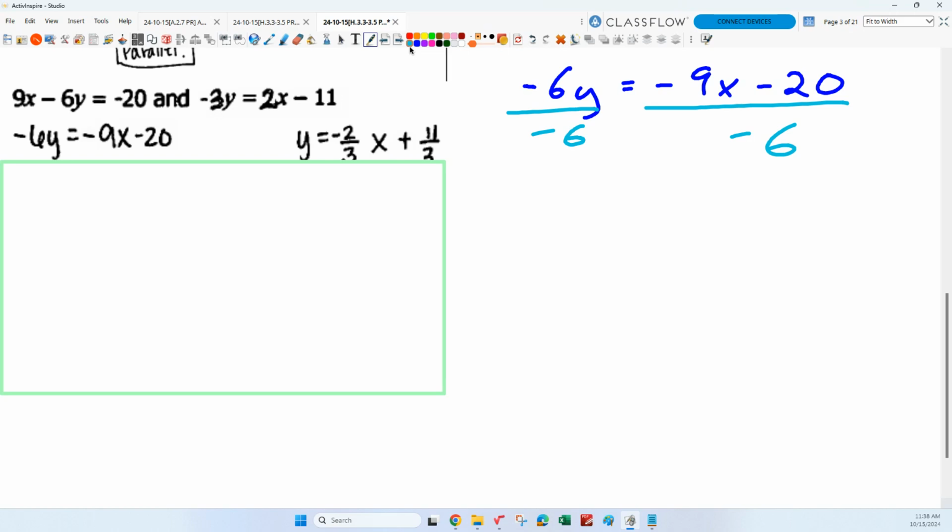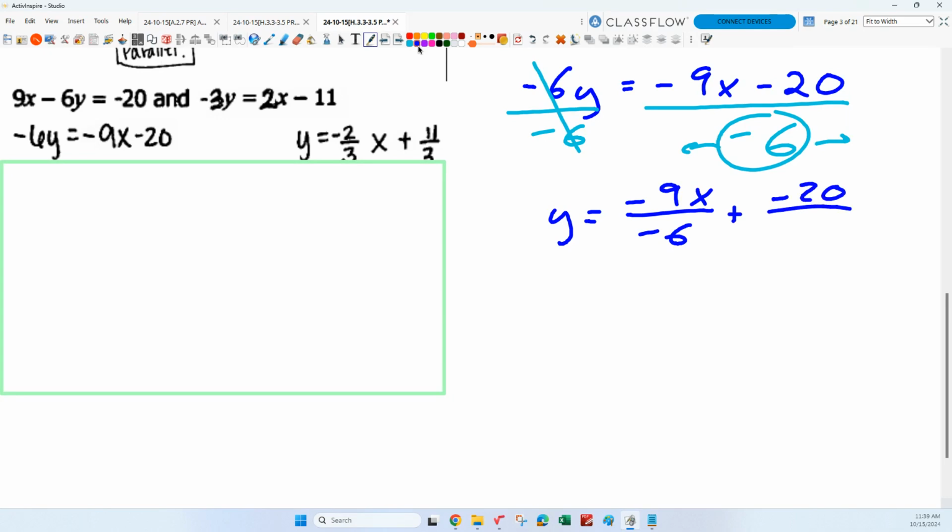How do I split fractions? I just make two different fractions, right? I divide each term by -6. So I end up getting y by itself equals -9x over -6 plus -20 over -6.